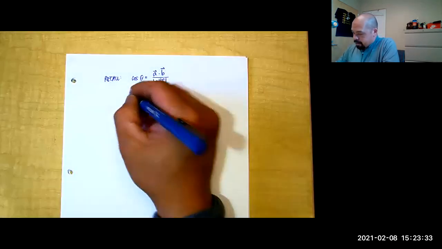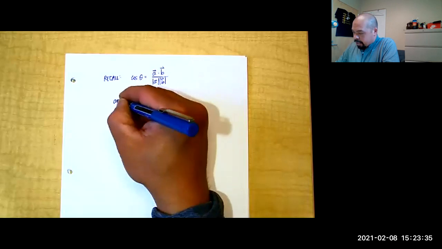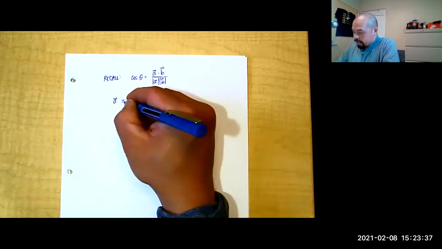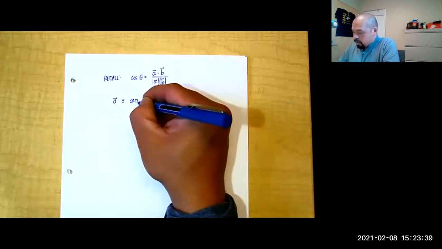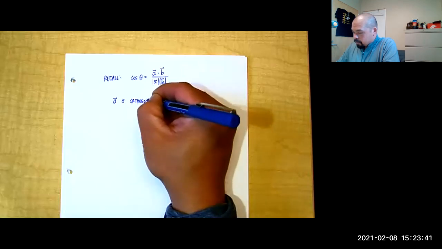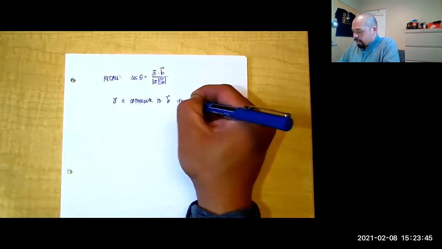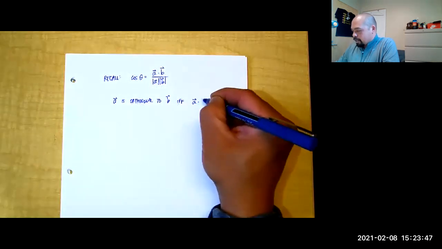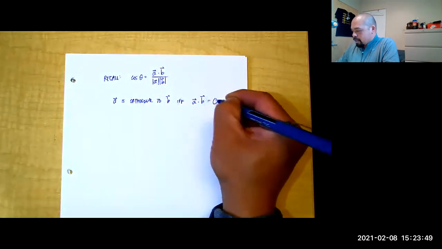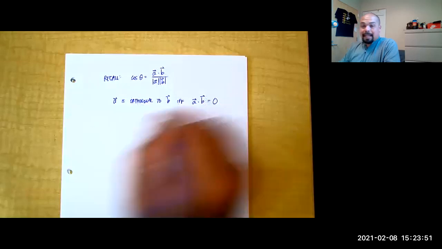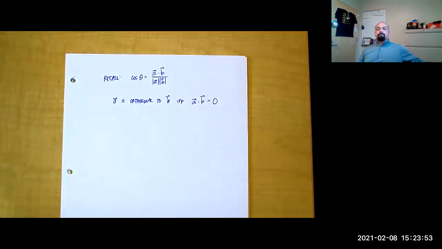And that A is orthogonal to B if and only if that dot product was equal to 0, right? That scalar result. All right, so we have that perpendicular aspect of it.